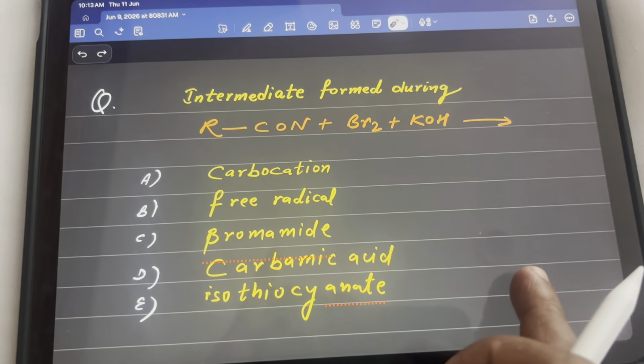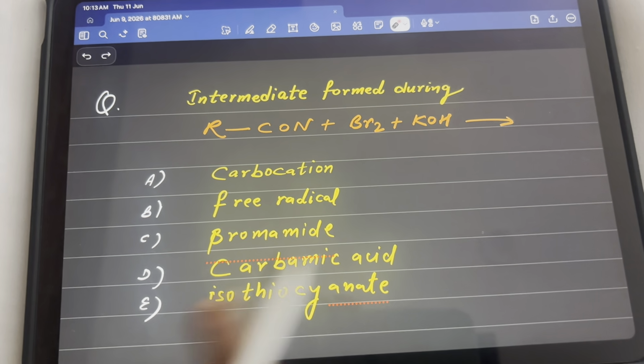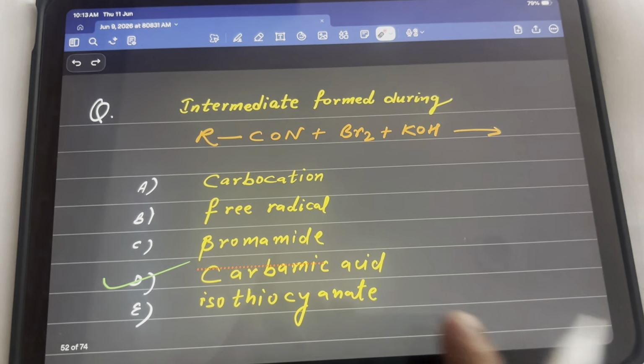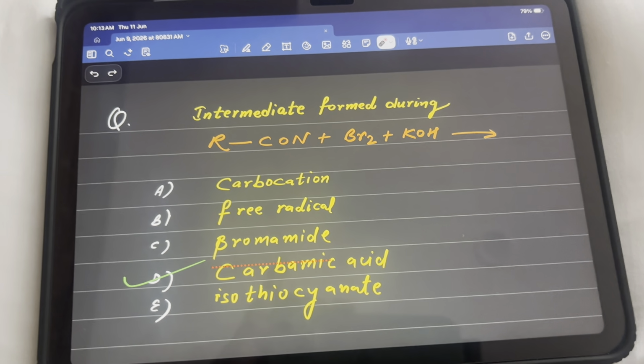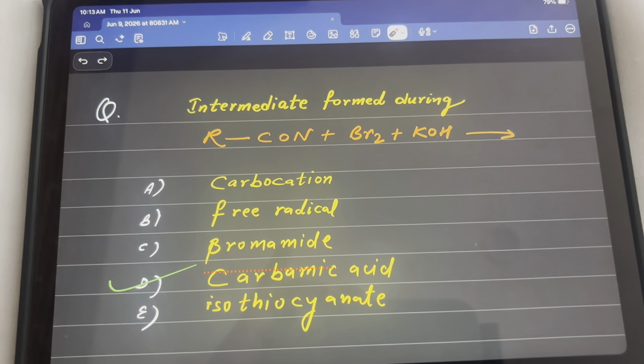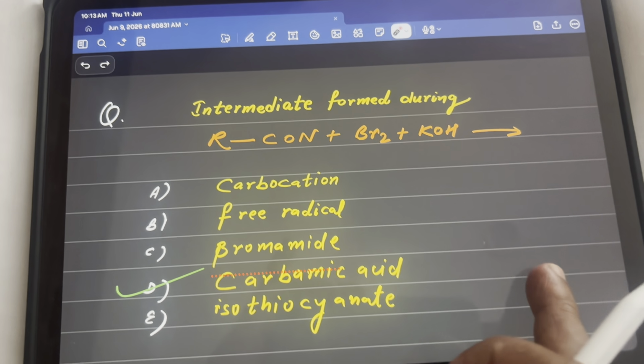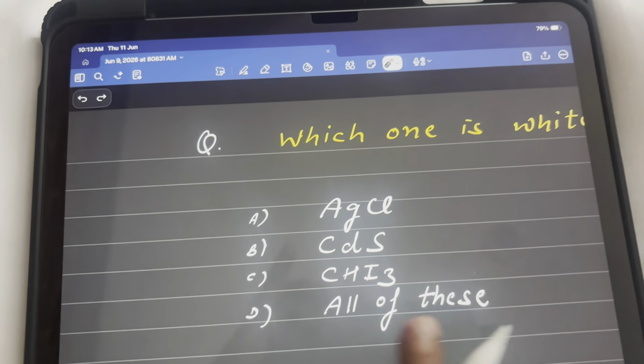Now this starts from Hoffmann bromamide degradation. So see, carbamic acid is formed because bromamide anion is itself nitrene. So carbamic acid will get formed, and final product is 1 degree amine, Hoffmann bromamide degradation.